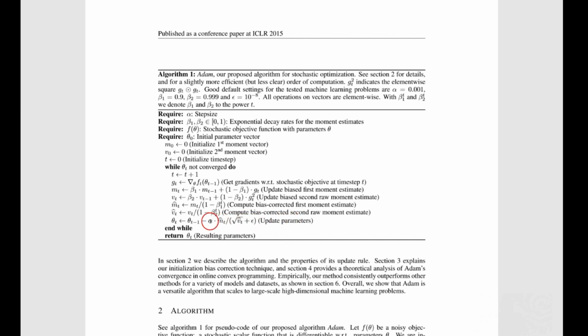Parameters are weights. Alpha is the learning rate. So usually learning rates, or step size as they call it, you're multiplying by the rest of this to scale this. And you're putting in the two hat values, which were based on these, just to adjust them so that they're not so biased initially towards 0. That is essentially Adam.